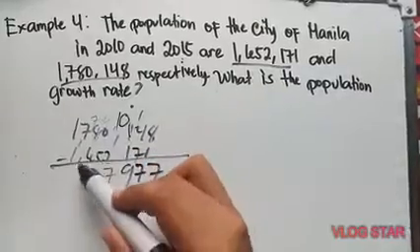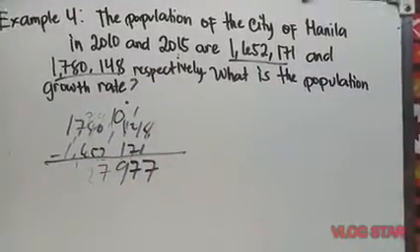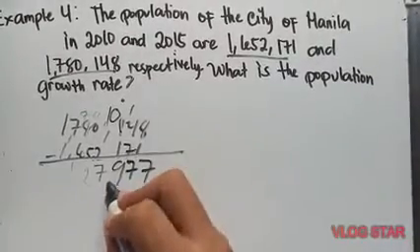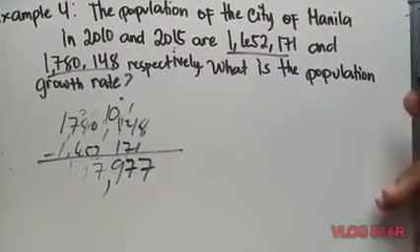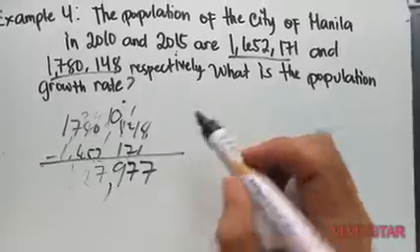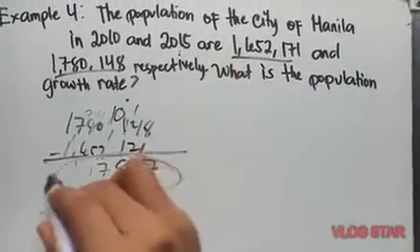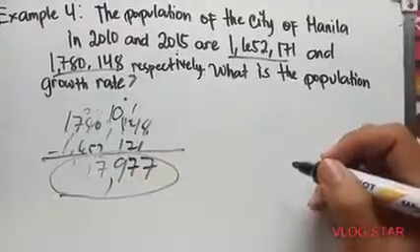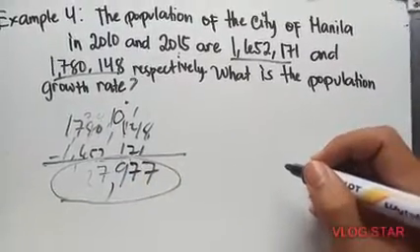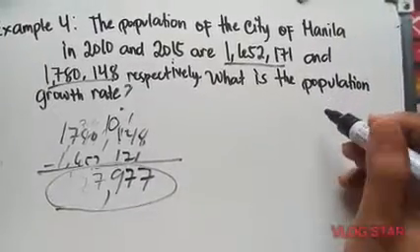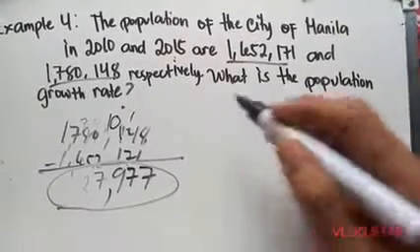Then 7 minus 6 is 1. So the difference of 2015 and 2010 is 127,977.